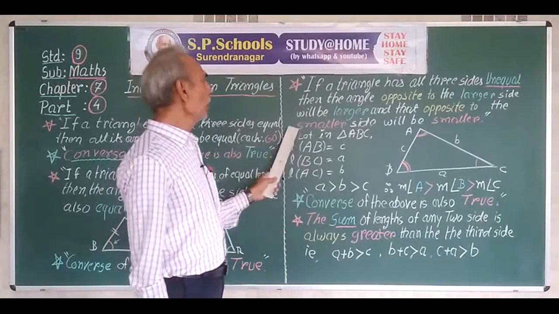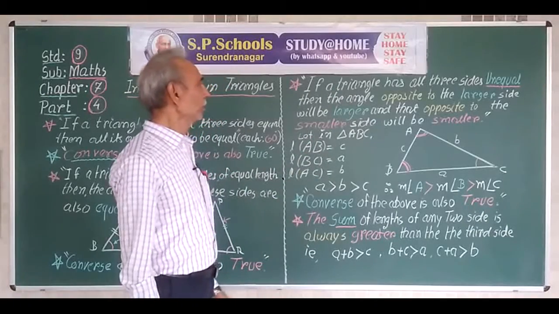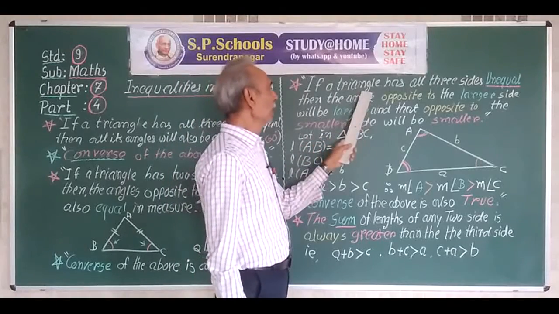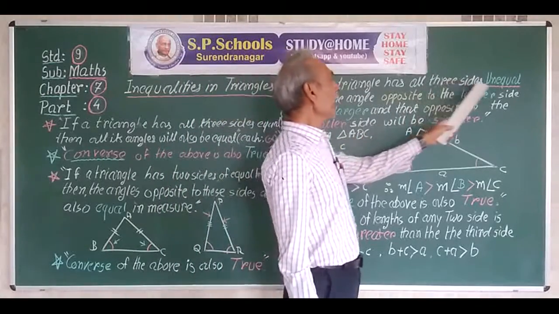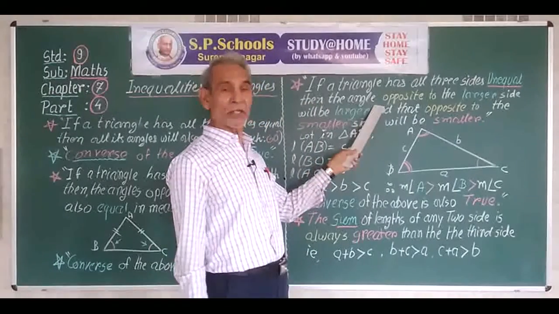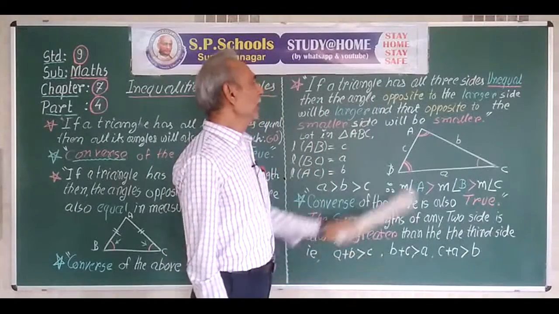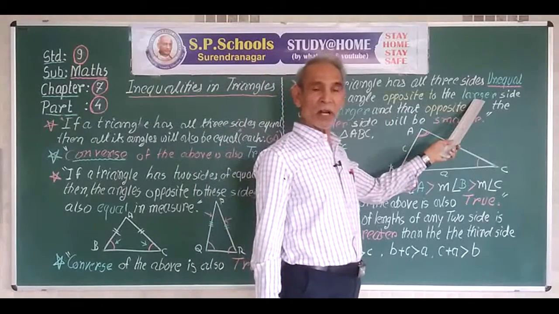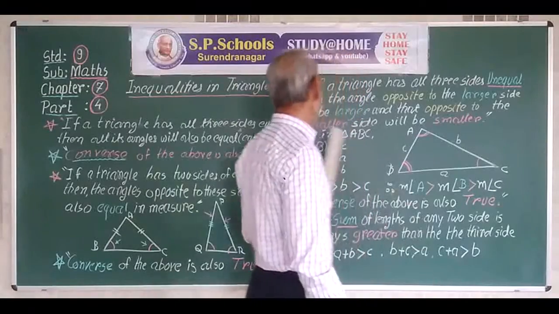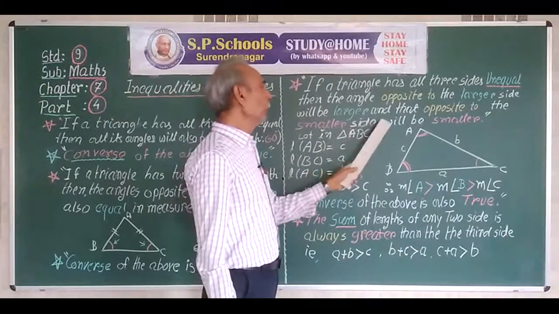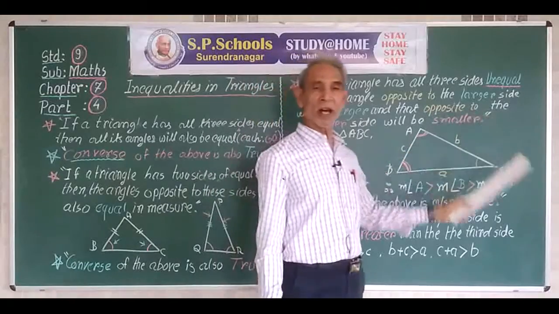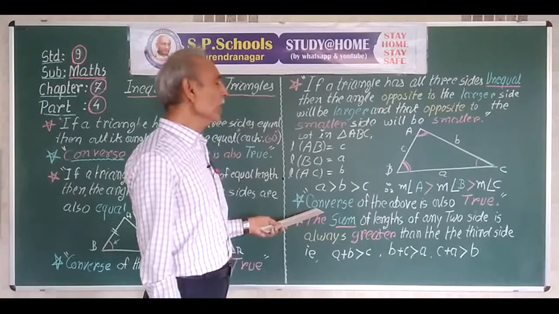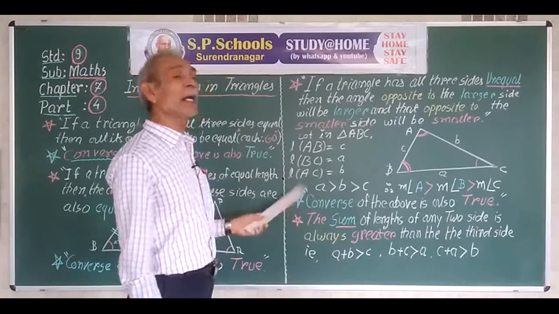Converse. How do we write the converse of this statement? If in a triangle all three angles are of unequal measure, then the side opposite to the angle with the largest measure will be the largest, and the side opposite to the angle with the smallest measure will be the smallest. The converse is also always true in this inequality.